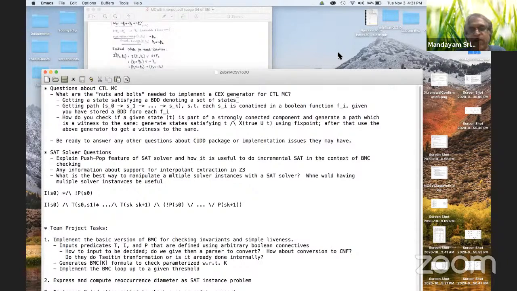So you have to express the constraint that it is contained in tau 1, and the two are actually related by your transition relation.